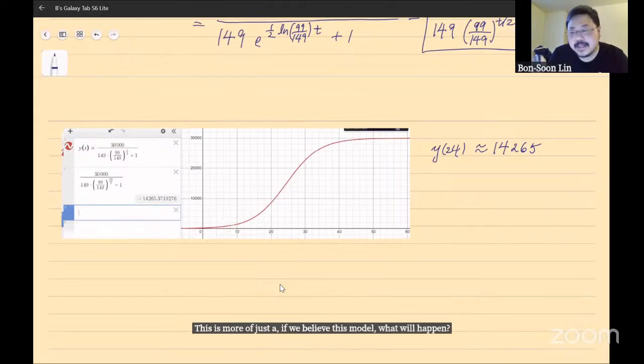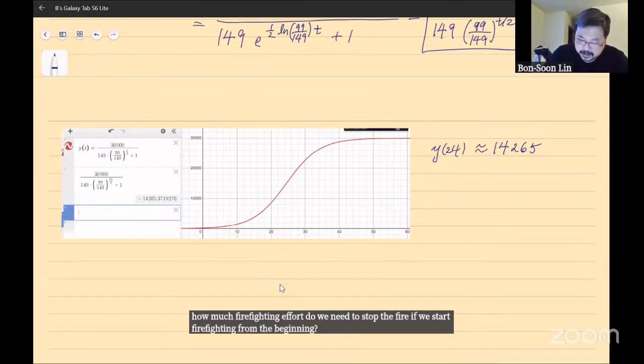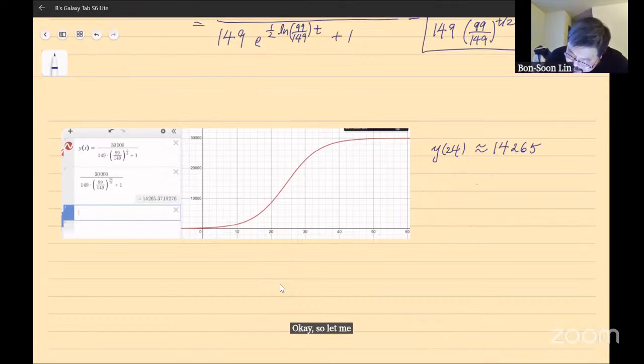Okay. Now let's go further, and I think this is going to be interesting. Just how much firefighting efforts do we need to stop the fire if we start firefighting from the beginning? Okay. So let me just write in the notes. This number roughly makes sense.